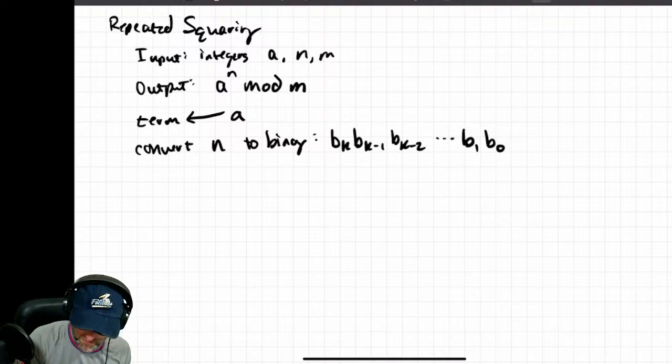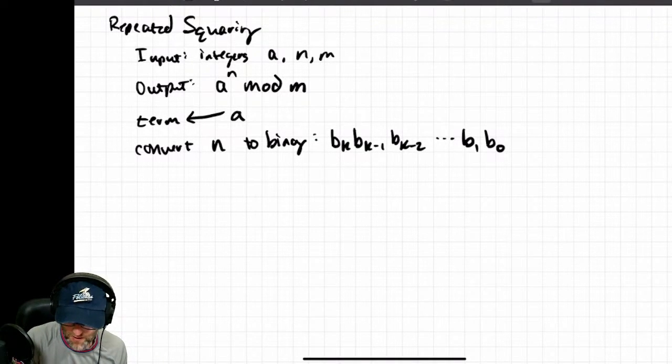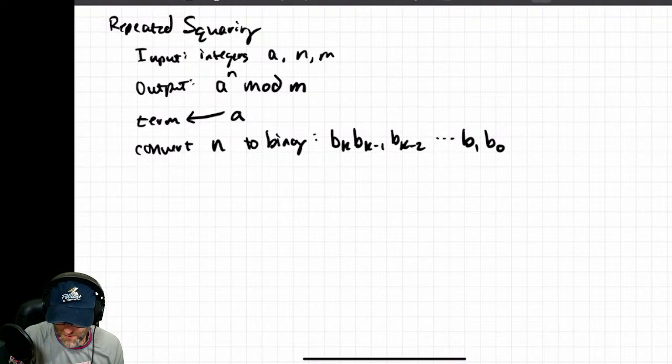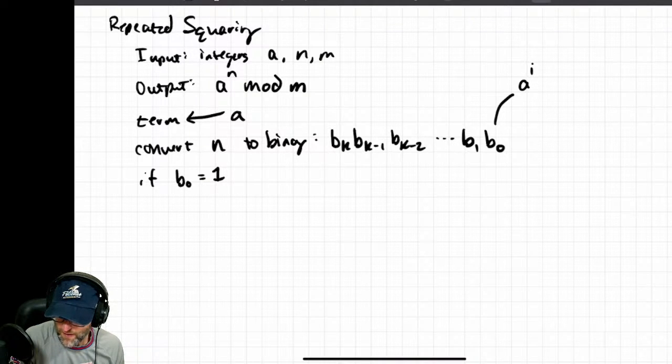So I need to start out my product. If the first bit is 1, then it corresponds to a to the first. This right here is b_0. If we didn't have this expression here, it would be a to the 0, which is 1, and that's what I'm setting up right here.